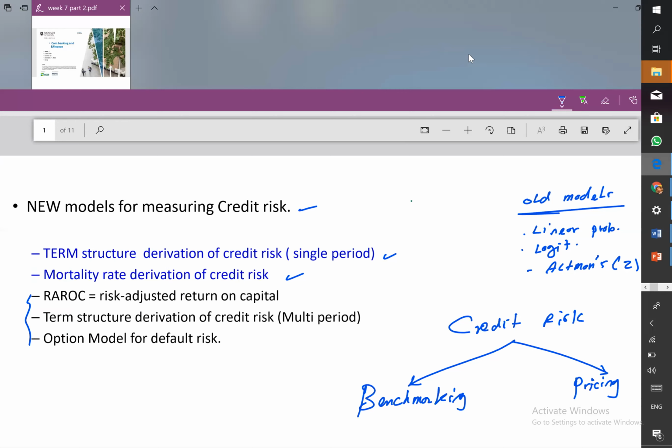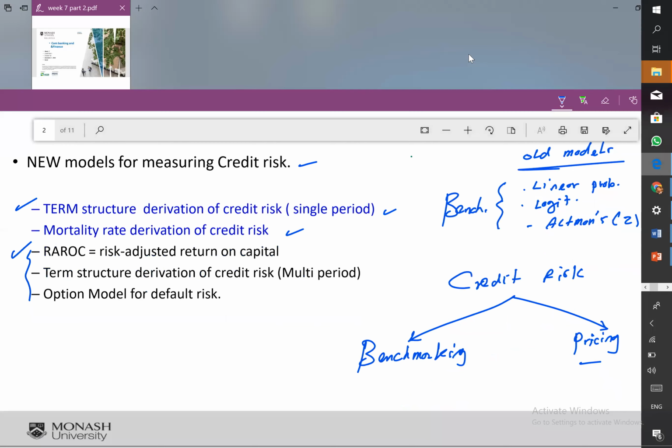And some of them will tell us both, like the RORAC. As you can see, this one is only benchmarking. This one is only benchmarking. The term structure tells us how much we charge, or it helps us to calculate the spread or the premium.